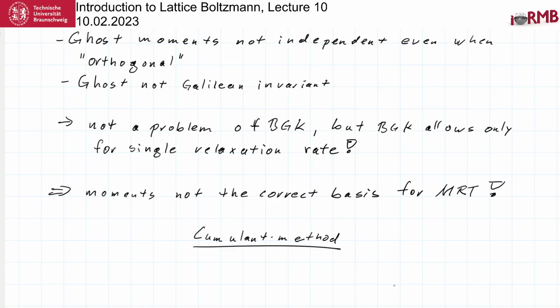Cumulants are not something specific to the Lattice Boltzmann method. Cumulants are statistical quantities very similar to moments, but they actually are moments, a special kind of moments.